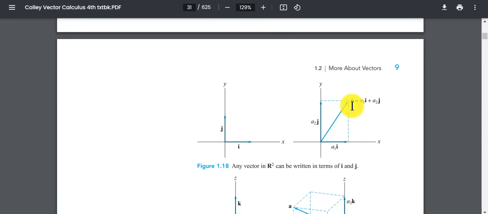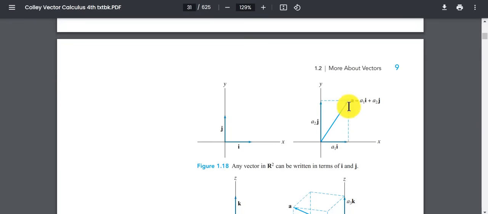That's exactly the way we define the sum of two vectors, at least geometrically. So we can say that any vector A has a component in this direction and a component in this direction.